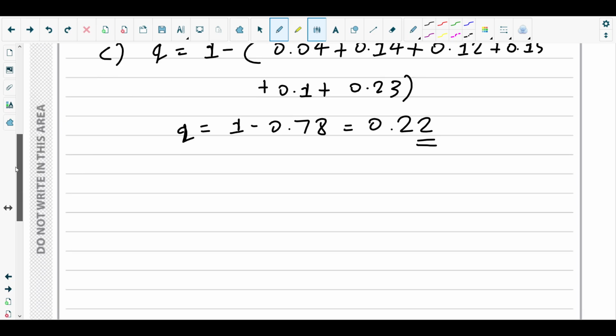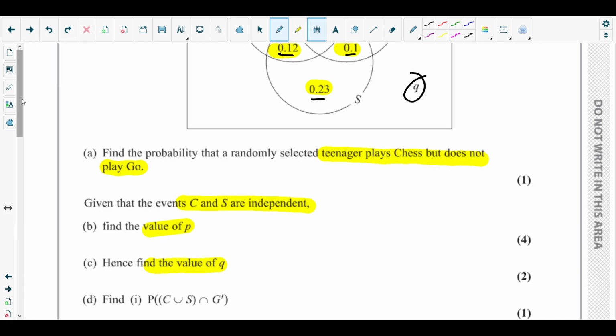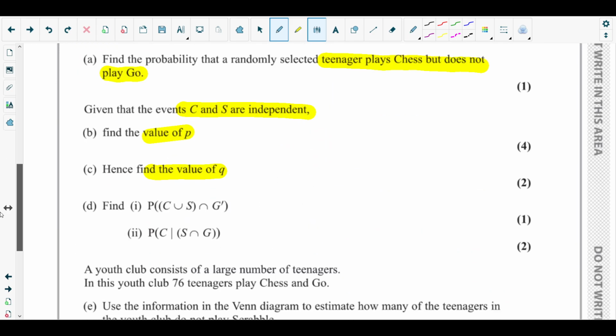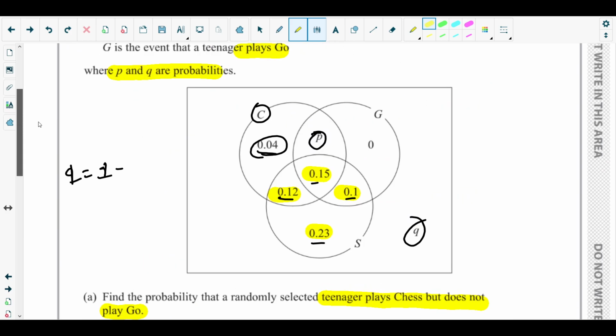Done. Next, part D. For part D, they have asked us to find the probability of (C union S) intersection G prime. Let me erase all of this. C union S is which part?